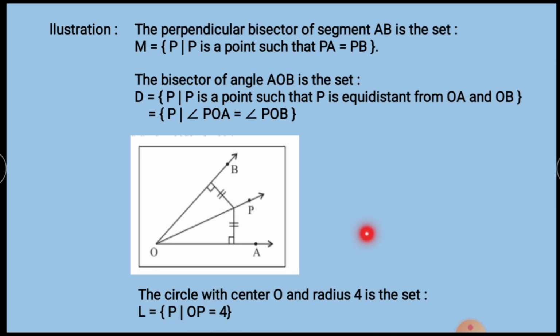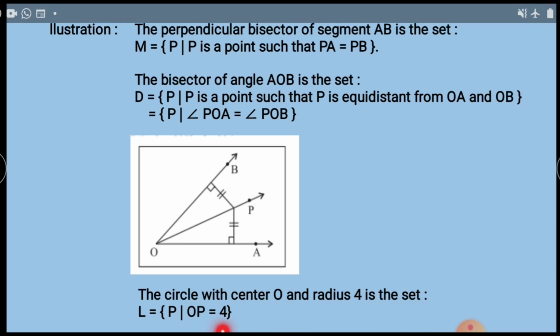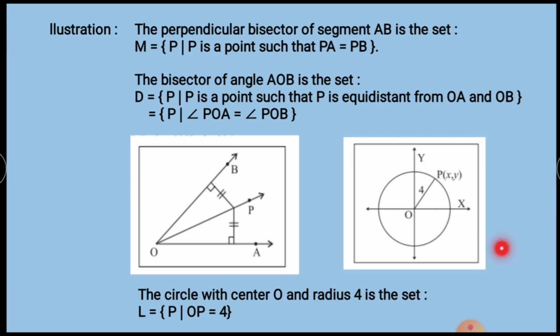Then one another example, the circle with center O and radius 4 is the set. So we denote the set of those points which are at a distance 4 from fixed point O. So here we write OP equals 4, that is a radius 4. So the diagram is like this.